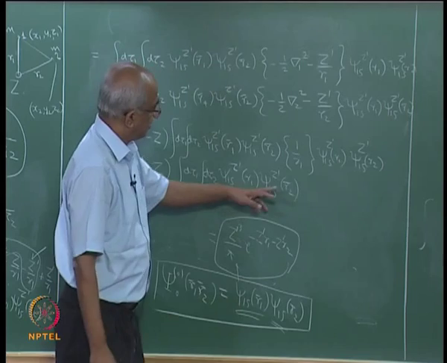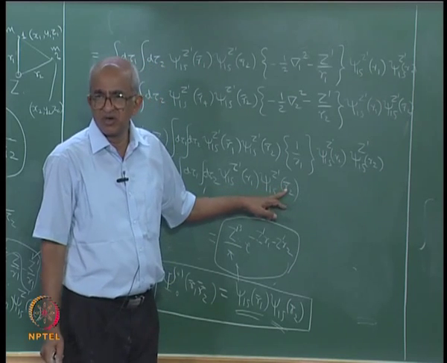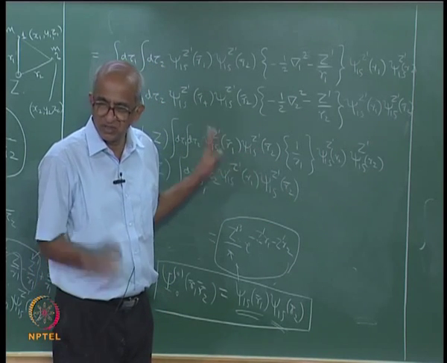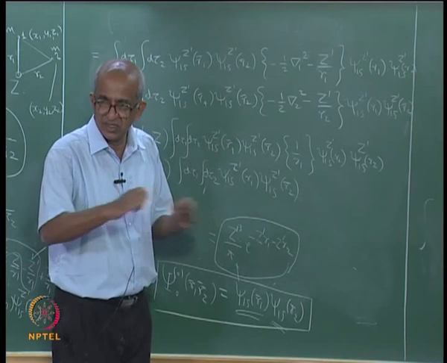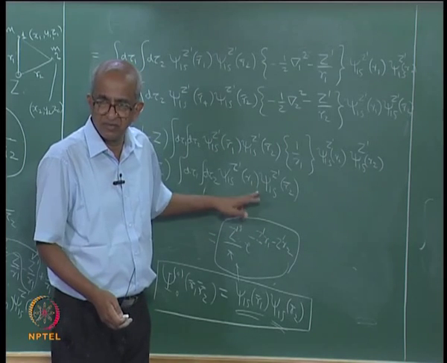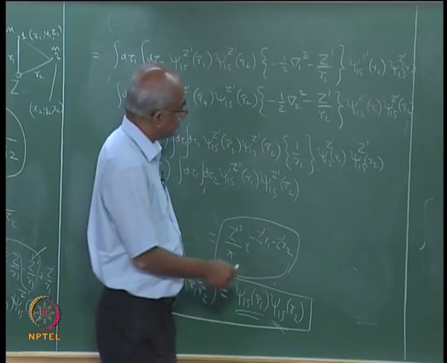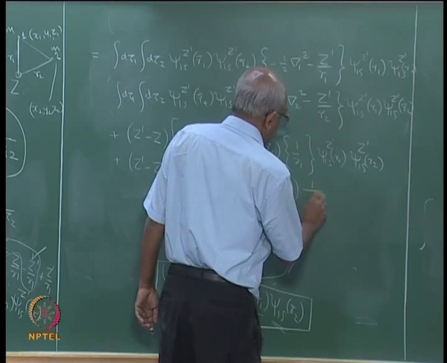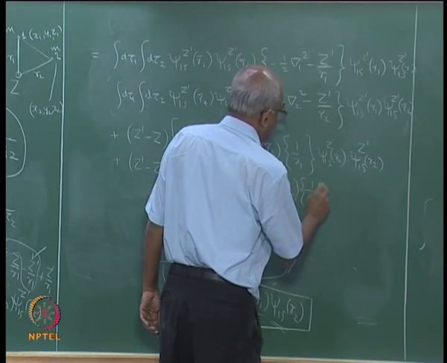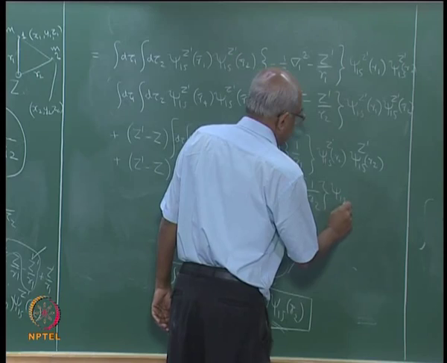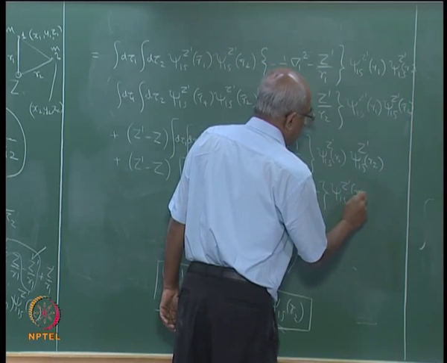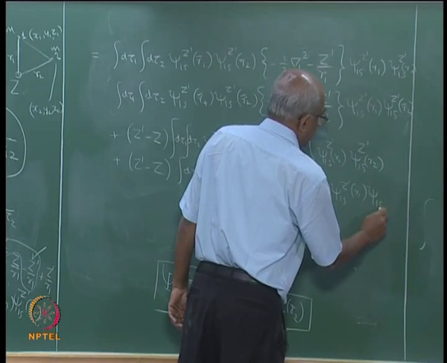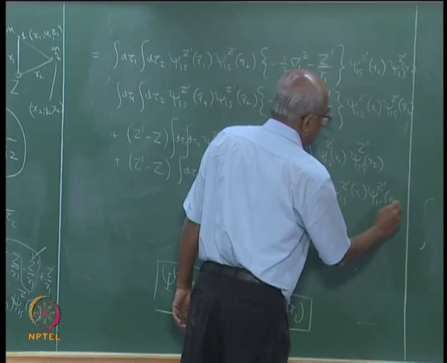Notice also that whether I put the vector symbol here or not, it does not really matter, because it actually depends only upon the distance. It does not depend upon the vectorial nature of this vector. So 1 by r2 psi 1s Z prime r1 psi 1s Z prime r2.